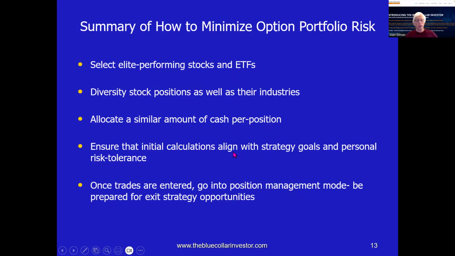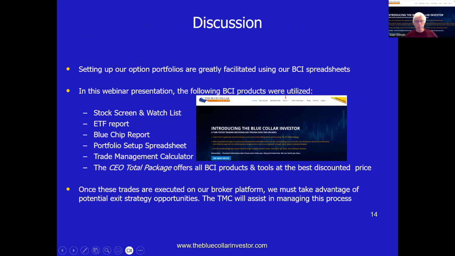Make sure the calculations align with what your goals are. That's where the trade management calculator comes into play. And then once you've entered your trades, you're ready to go into position management mode. You must have that position management or exit strategy skill set ready to go. It may not be necessary, but if it is, you have to be prepared.